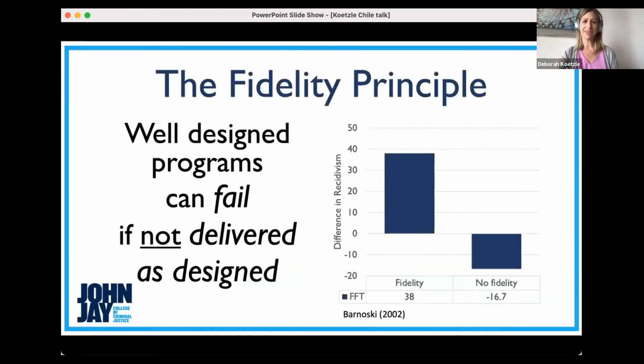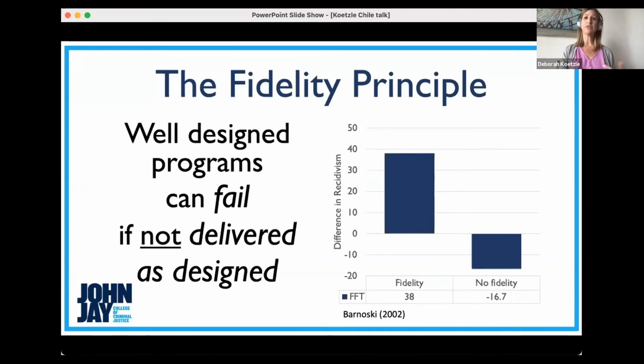I want to acknowledge, though, that even a really well-designed program can fail if it's not being done well, if it's not being delivered as designed. And I mentioned the fidelity principle earlier, and here we see some results from a study that looked at this issue. There is a program called Functional Family Therapy. It's a well-supported curriculum.